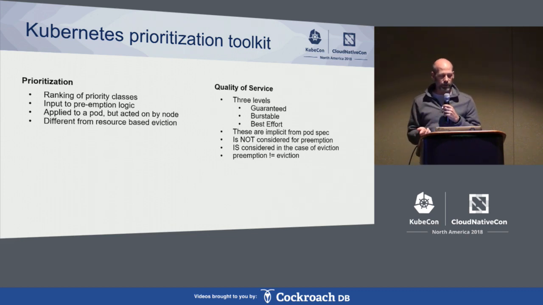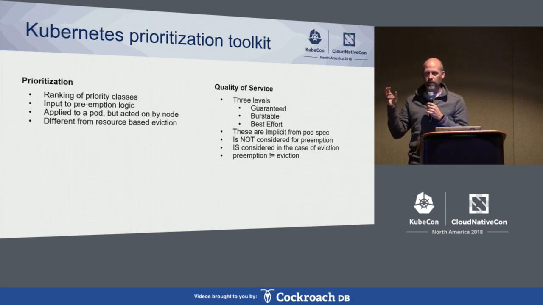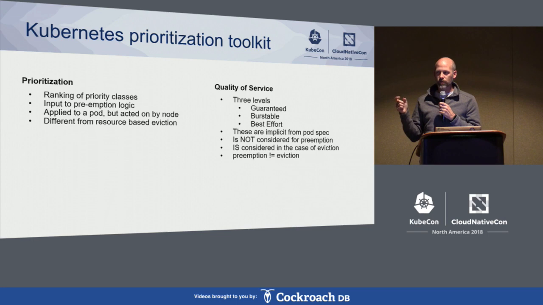So the first is prioritization. This allows you to rank the priority class of different workloads. These are applied across namespaces as a category that you can assign to certain pods. They are the primary input to the logic of preemption in the scheduler. So it is what the scheduler will consider when trying to place a workload.